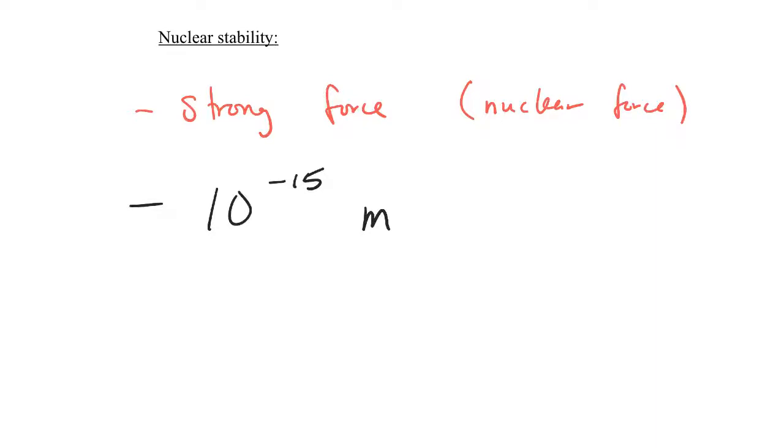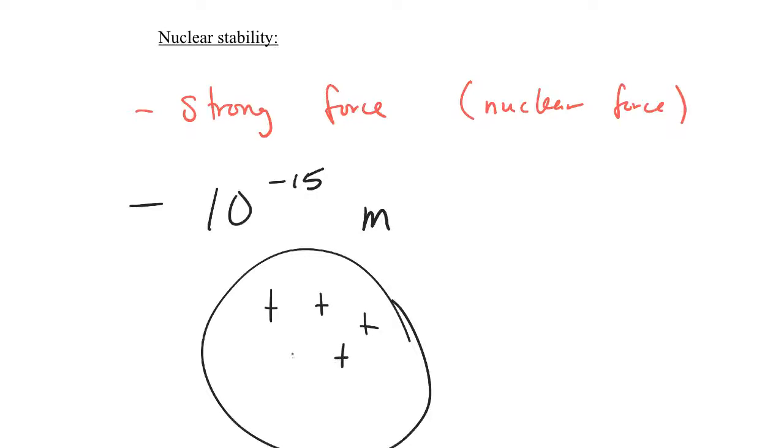So if I have a very, very large element with a lot of protons, and let's say hypothetically there's only 2 neutrons here, this would be an unstable nucleus. If you have far more protons than neutrons, the nucleus becomes unstable, and as a result, you undergo radioactive decay.